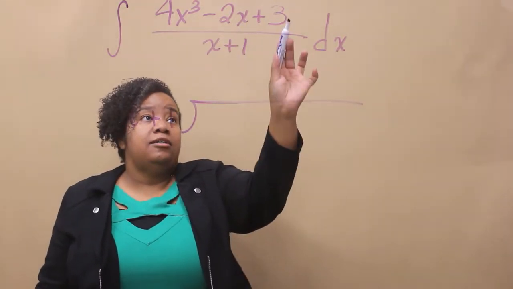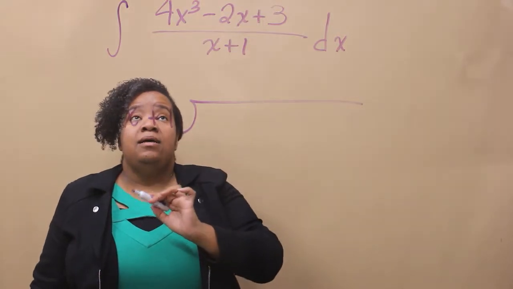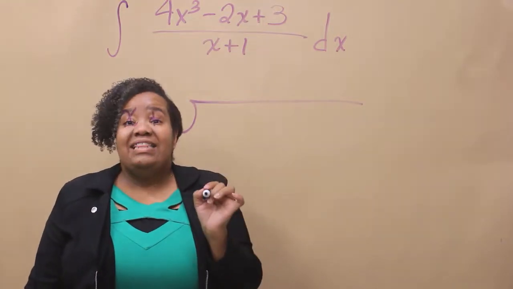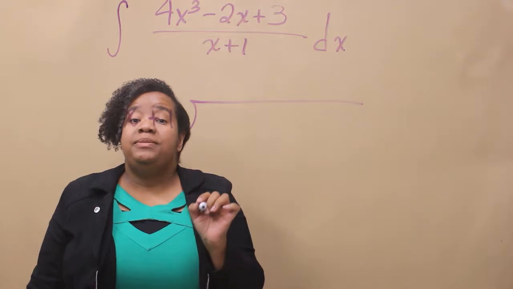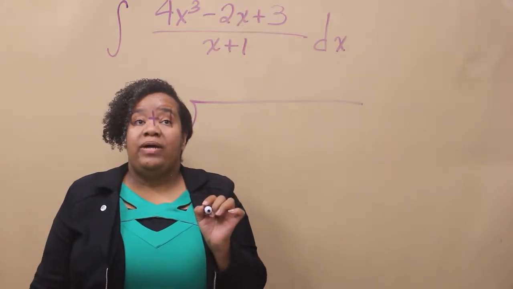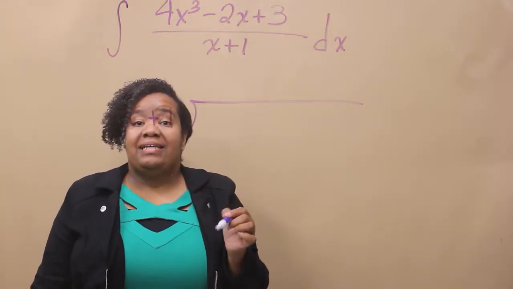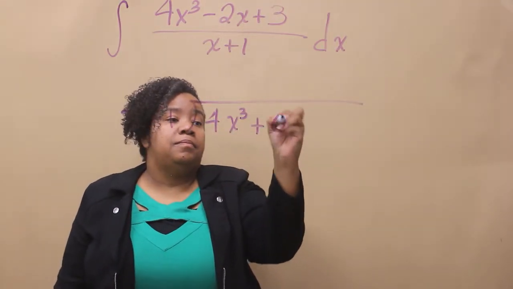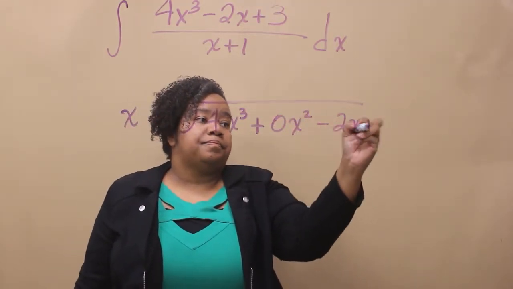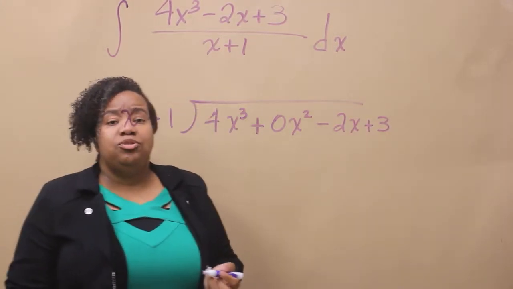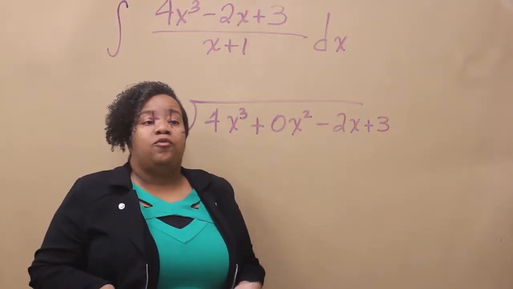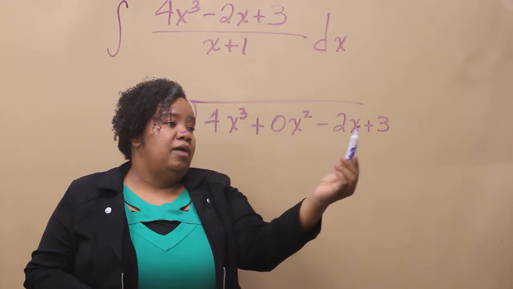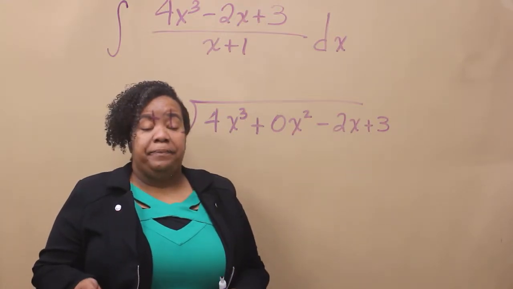And then I have an x term, and then finally my constant. I'm going to write this as 4x cubed plus 0x squared minus 2x plus 3. I just want to make sure that I've got a place for each power of the terms in my dividend.